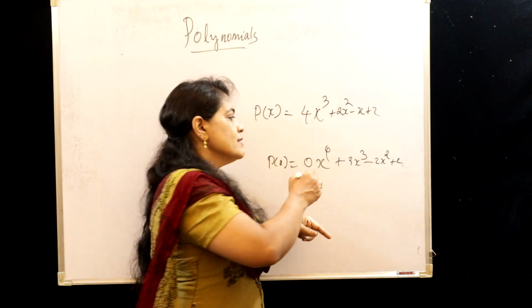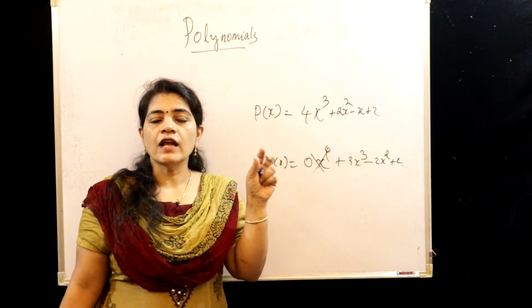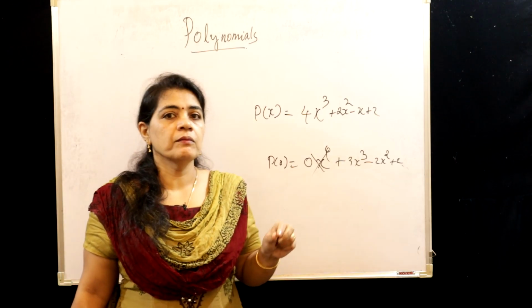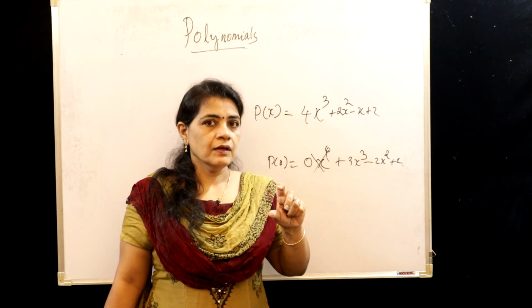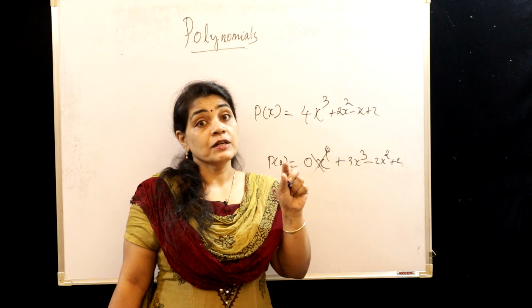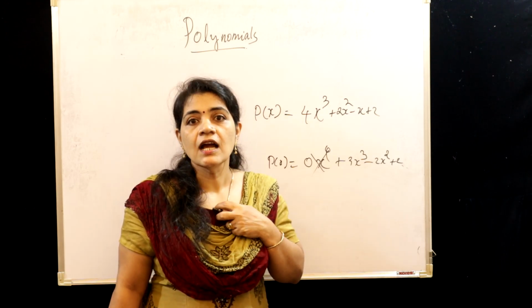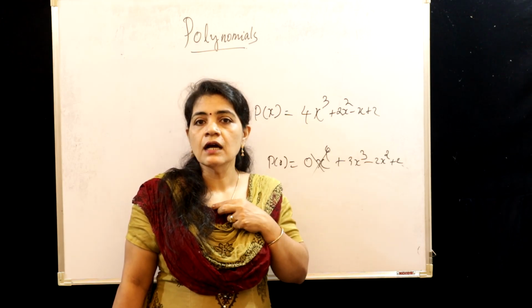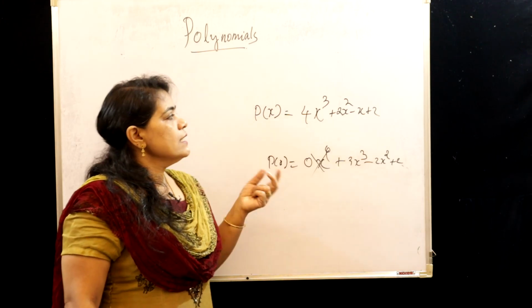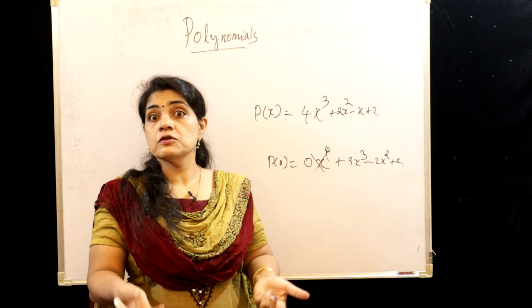That means we can't consider this term. So while writing the degree of the polynomial, make sure that the term has a non-zero coefficient. If the coefficient is 0, we cannot consider that term for writing the degree. Understood?